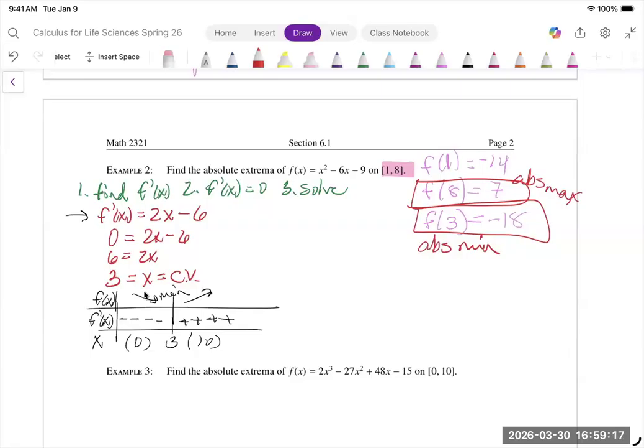So 2x cubed minus 27x squared plus 48x minus 15. Fiddle farts. Y'all were hopefully screaming at me this whole time. 2x cubed, okay, move that over. Minus 27x squared plus 48x minus 15.